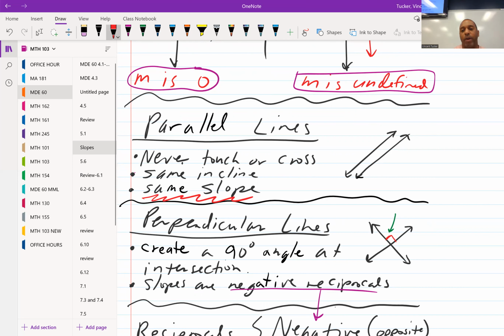We'll give everybody a chance to write first. So parallel lines, the slopes will be the same.